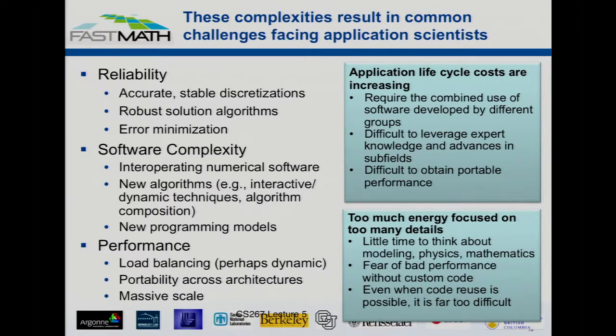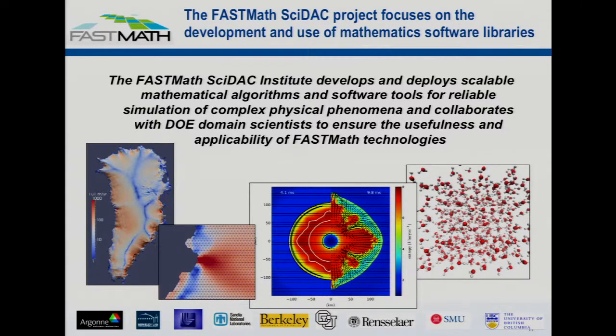And so increasingly there's too much energy focused on too many details. And I think a lot of the application scientists have been indicating for a long time, I'm not getting the time I want to do my physics, to do my science. And so that's what the FASTMath Institute is trying to help address. So our goal in the FASTMath Institute is to deploy the scalable mathematical libraries that the application scientists need to help them do their jobs better.